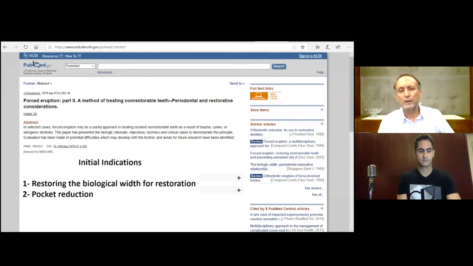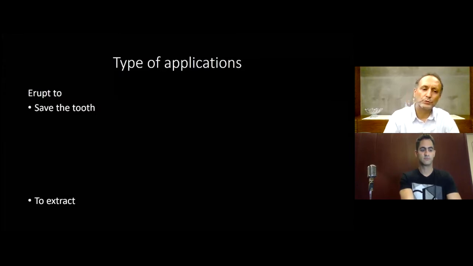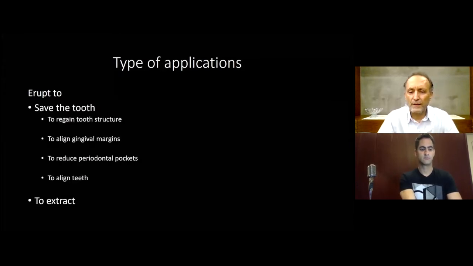But we found during our applications that we can have different types of applications and extend the application initiated by Ingber into erupting to save the tooth or erupting to extract the tooth.